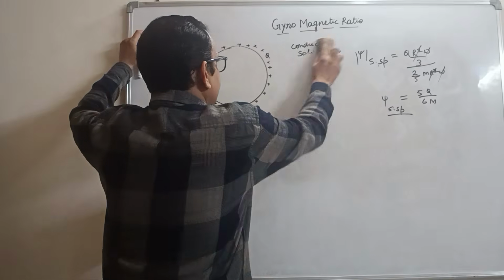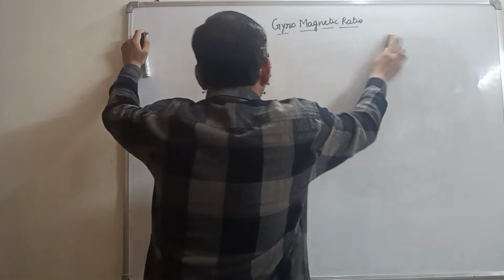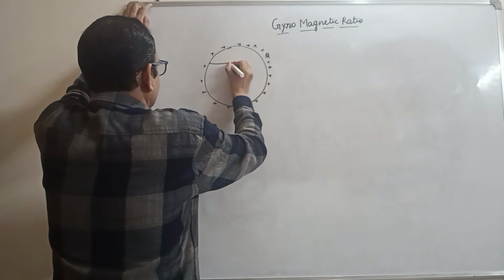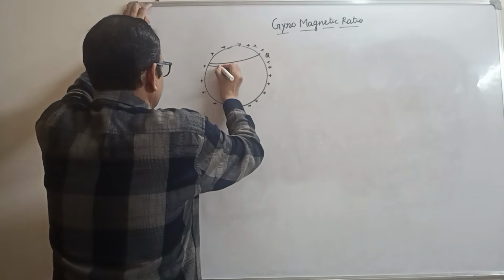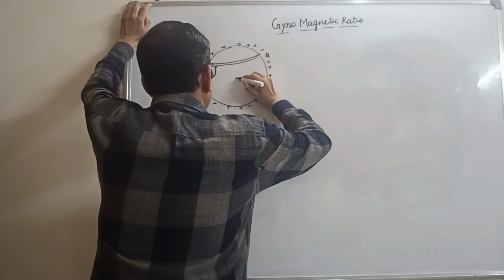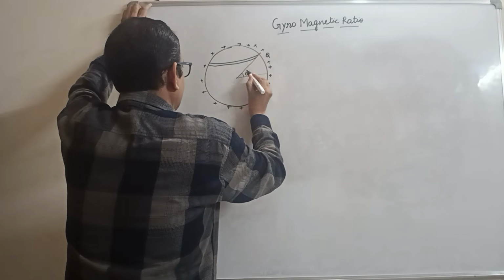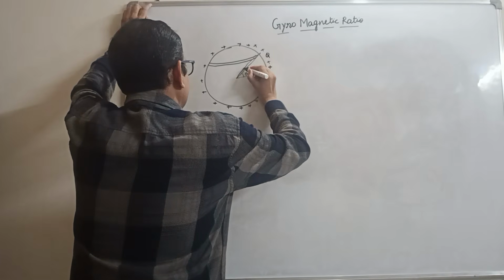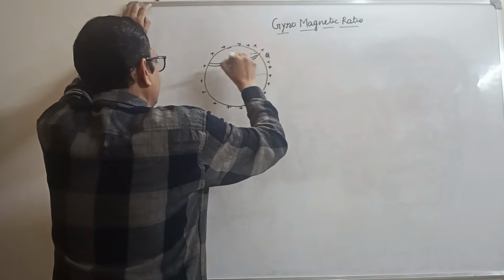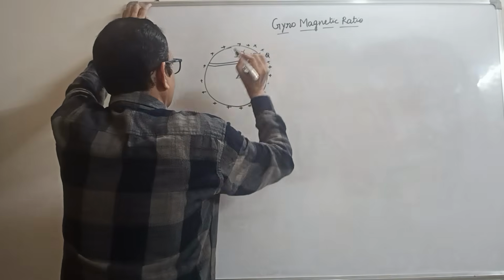We take an elementary disk here. This is the elementary disk and this is the center. This elementary disk is making angle theta, or this angle is also d theta, and the elementary ring has radius from center, this is r.